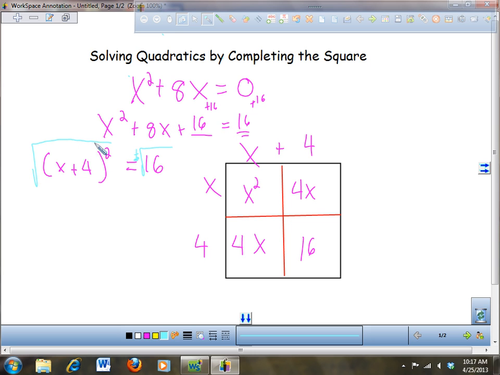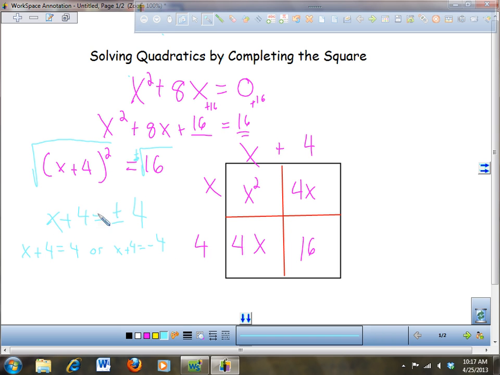And when I square root something squared, I just end up with that thing by itself. x plus 4 equals plus or minus the square root of 16. And what is the square root of 16? 4. And now I solve these two independent equations. One says x plus 4 equals positive 4, or x plus 4 equals negative 4.